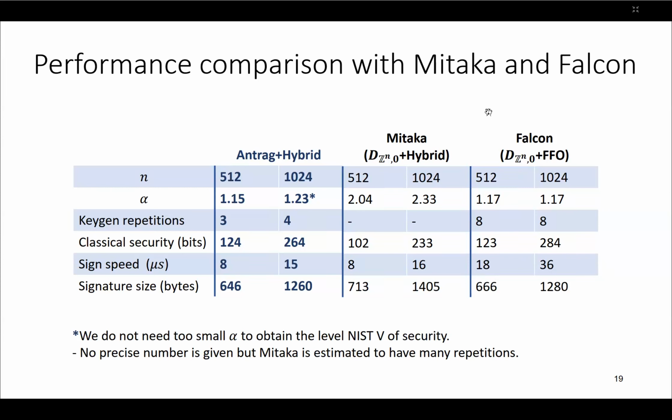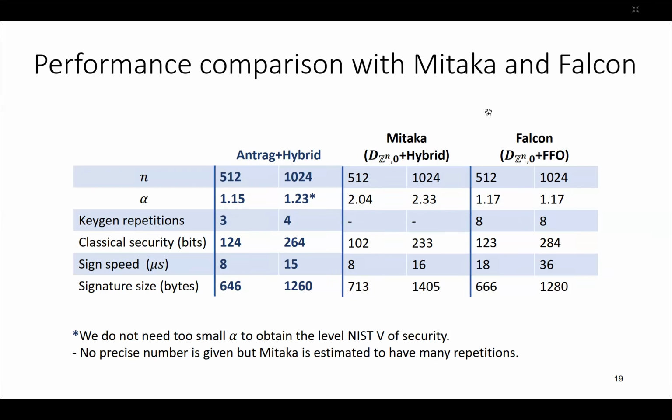Okay, the size of signatures in this first combination is smaller than Mitaka because we actually have a smaller alpha. And for Falcon, we have a little bit smaller alpha for the dimension 512.